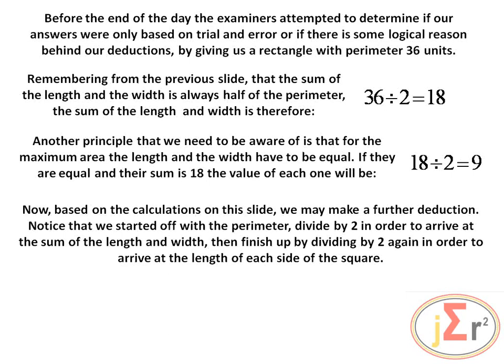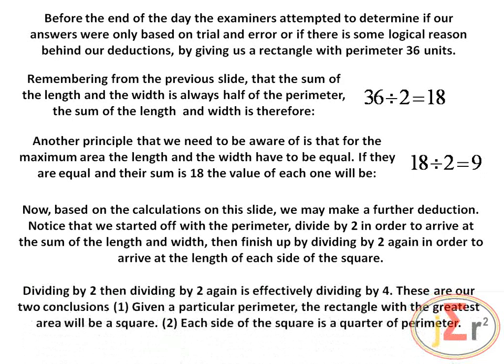We finish up by dividing by 2 again in order to arrive at the length of each side of the square. Dividing by 2, then dividing by 2 again is effectively dividing by 4.